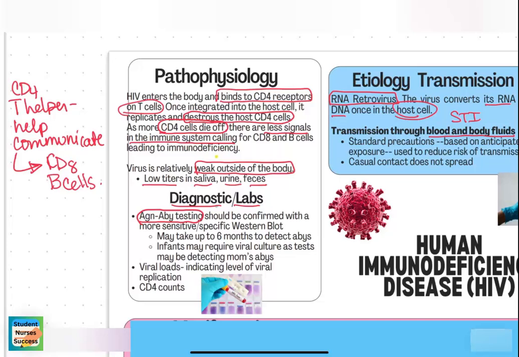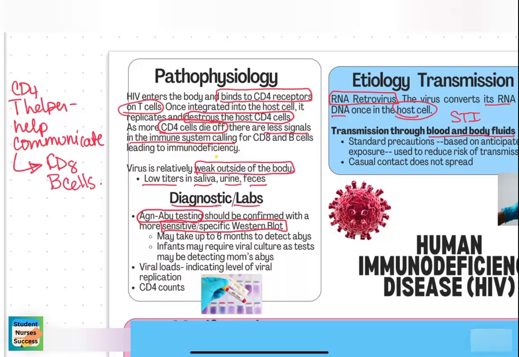However, it is not highly sensitive and highly specific. And for something such as a diagnosis of HIV, we would definitely want to confirm that. And so if that comes back positive, we would want to do a more sensitive and specific test called the Western blot. The Western blot's more expensive and it does take longer to get a result, but it is the confirmatory test.